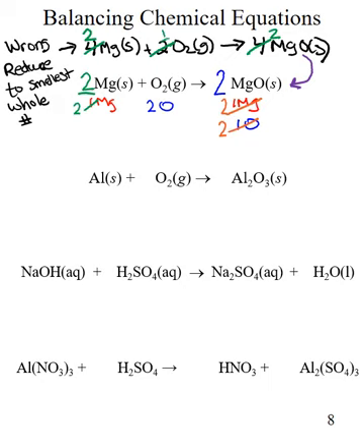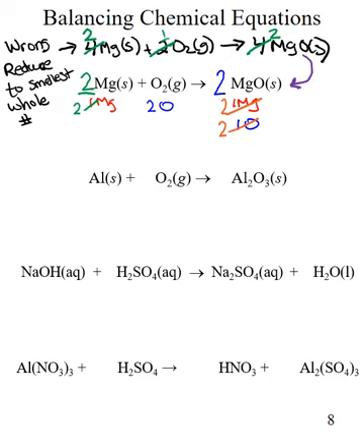And let's look at the last one. I have aluminum nitrate plus sulfuric acid, H2SO4, produces nitric acid, HNO3, plus aluminum sulfate. What is the first thing I should balance? Well, leave hydrogens and oxygens to the very end.